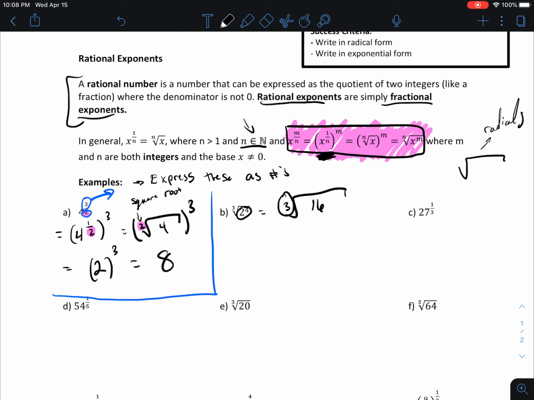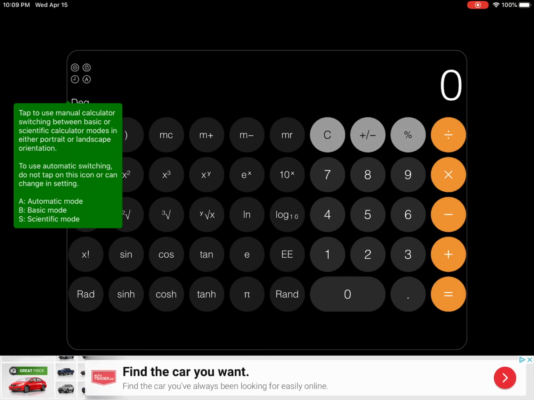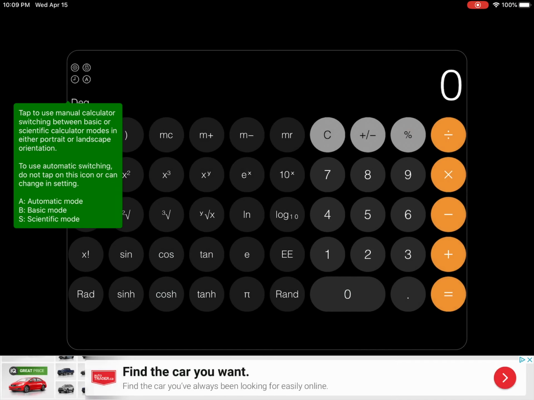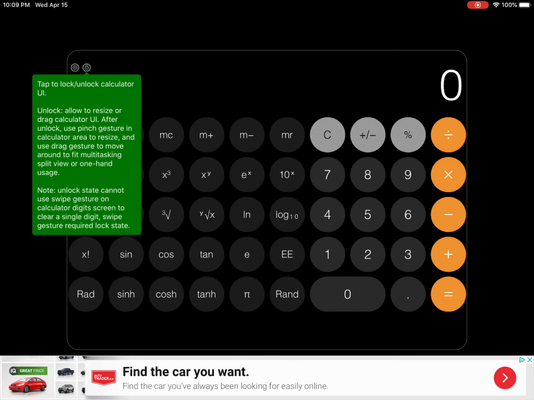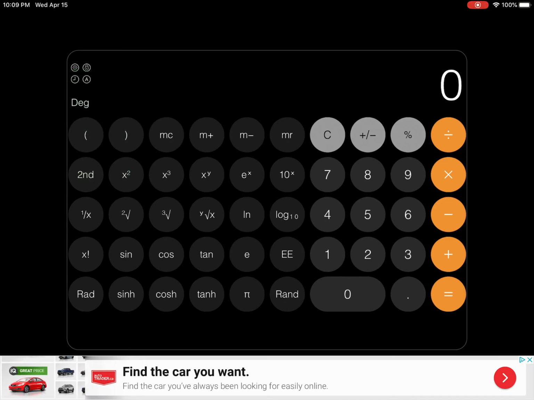And then we're not square rooting this time, we're cubed rooting, right? So that looks a little bit different. For instance, if I were to go to my calculator here, you can see there is actually a cubed root.